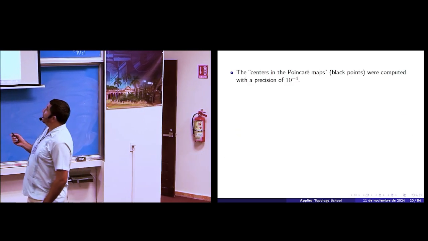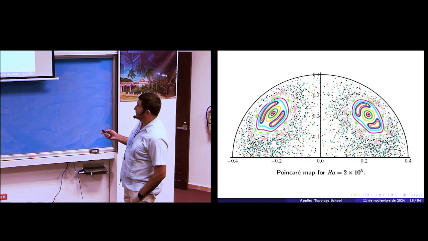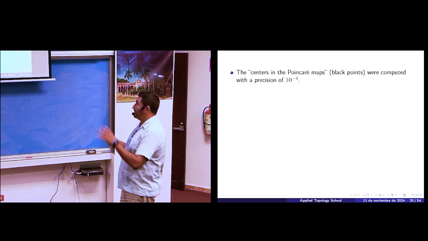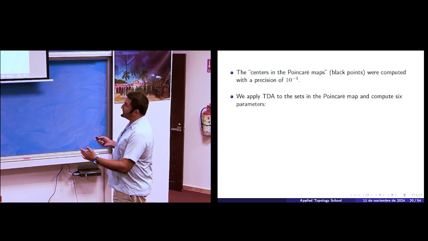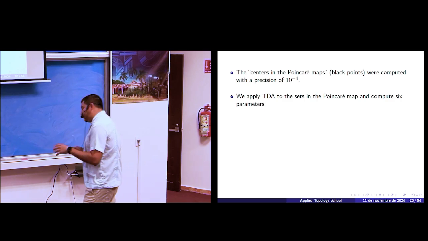The centers in the Poincaré maps, which are the black points, were computed with a precision of 10 to the -4. We apply TDA to the sets in the Poincaré map and compute 6 parameters. These are the parameters.